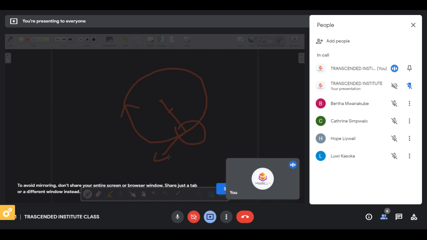But because there is a force acting along the string, the ball continues moving in the circle. But if the force that is pulling it towards the center becomes too small, the ball may go away. You can try that.